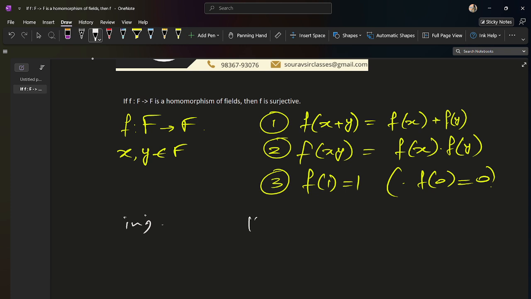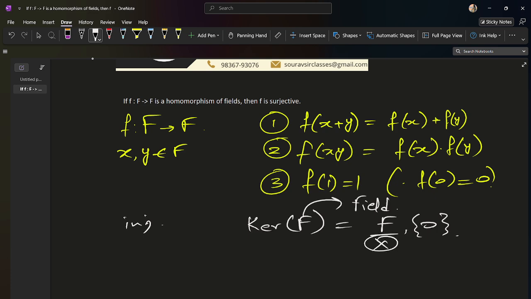The kernel of f can only be F itself or the singleton {0}, as F is a field. But the kernel cannot be the whole F, because f(1) = 1, which is not equal to 0.